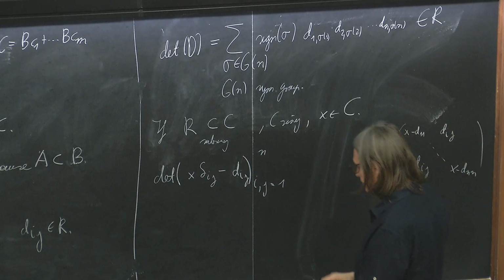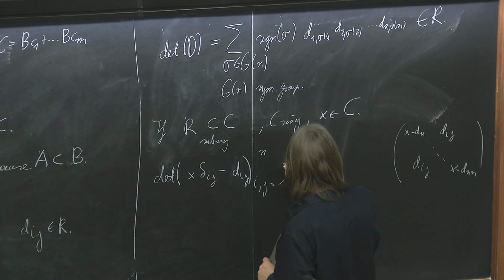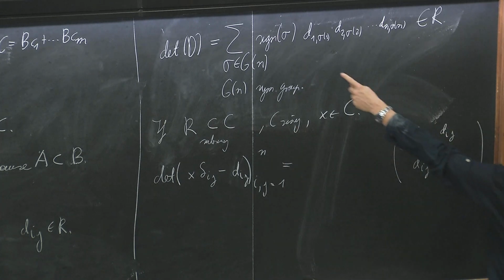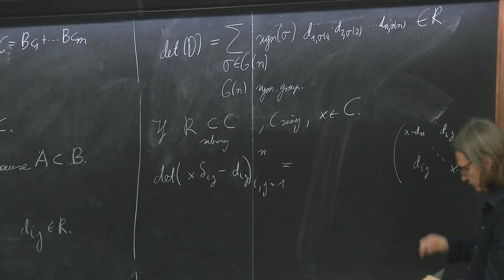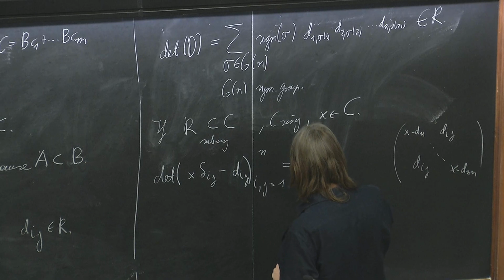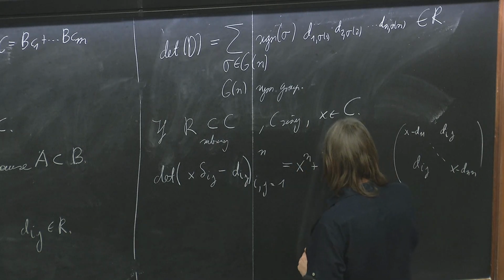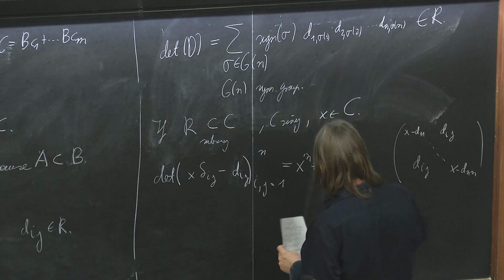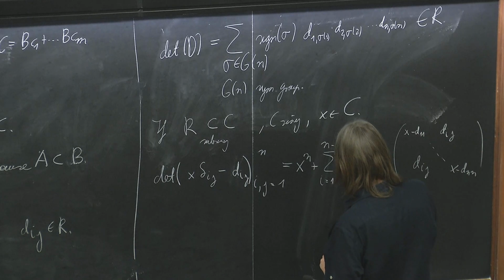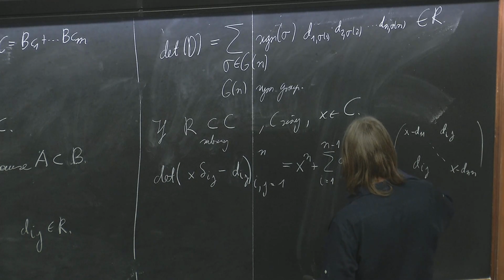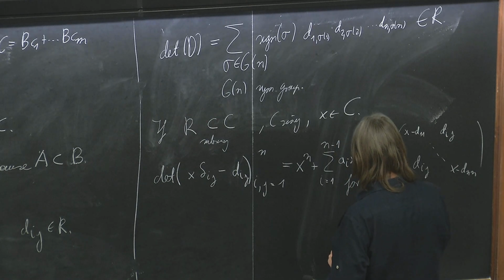So this determinant will be some polynomial. If you work it out, precisely one of these summands is the diagonal one. So this is the only one which contains n times the factor containing x, while the other ones contain fewer terms along the diagonal. So it follows that I can write this as x to the n plus the sum i equals 0 to n minus 1 of ai times x to the i for some ai.